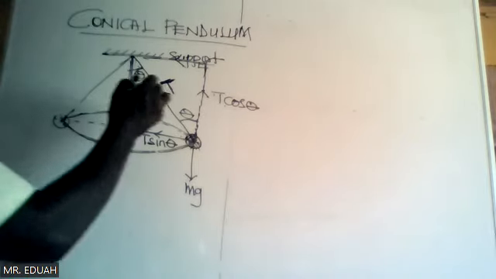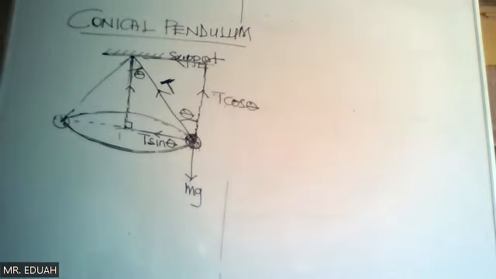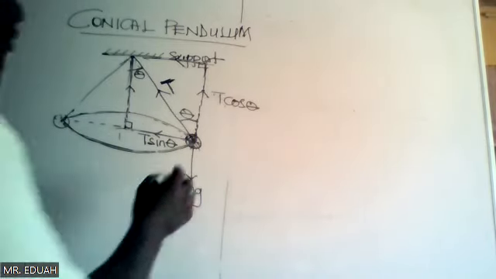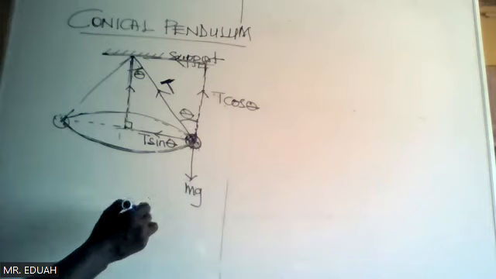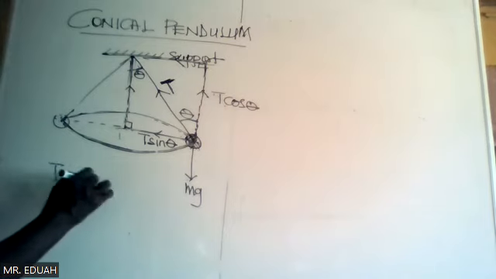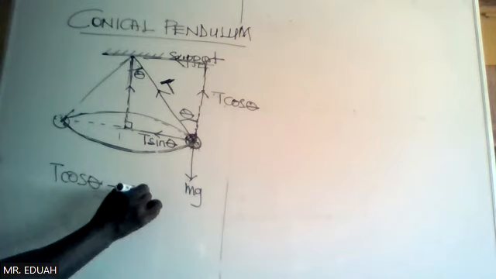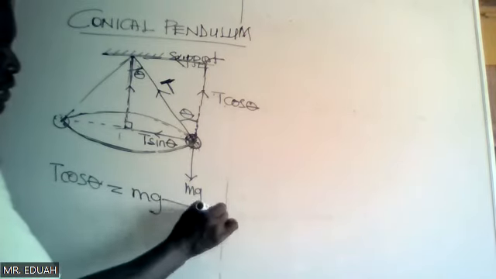Okay, so we have T sine theta, T cos theta. Now, when we look at vertical equilibrium, we realize that the T cos theta component of the tension is balanced by mg, the weight.